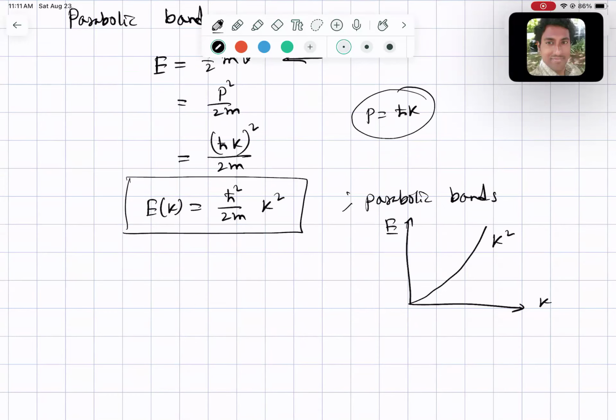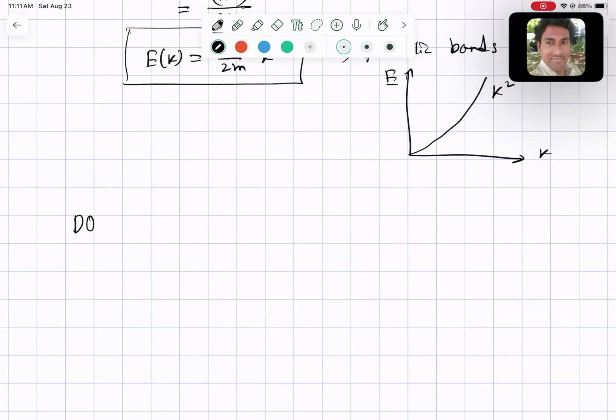And what is the density of states, or DOS? Sometimes written like this, small d os. It's a different notation.